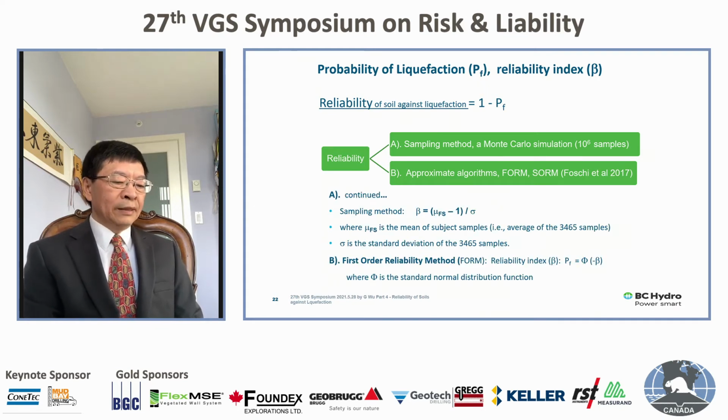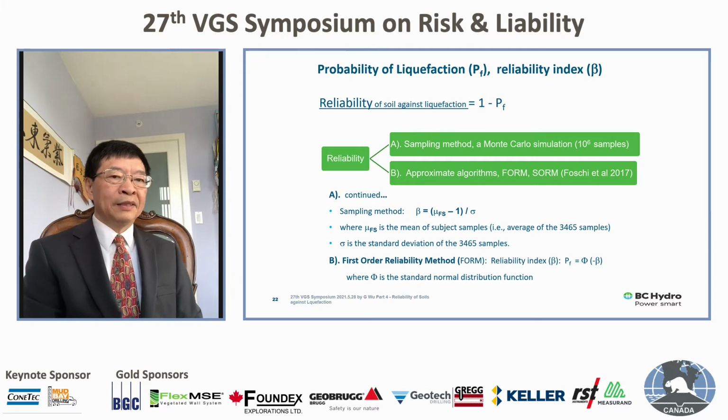With the sampling method, you will be able to calculate the reliability index beta, and in this scenario, I have used 3,465 samples. And method B, the first order reliability method, is more like a closed form solution.